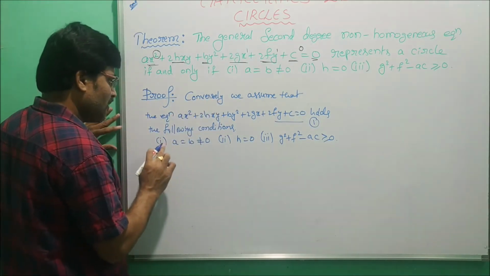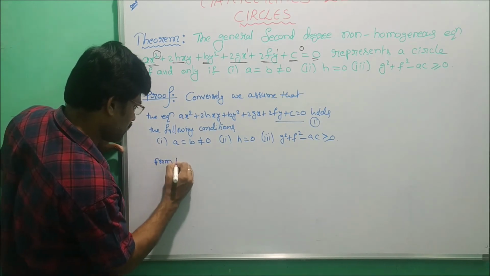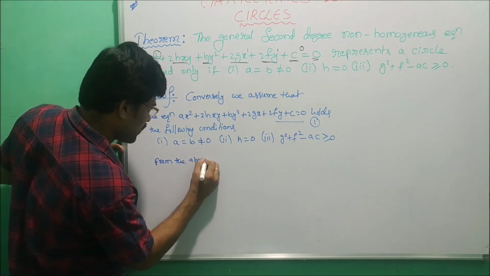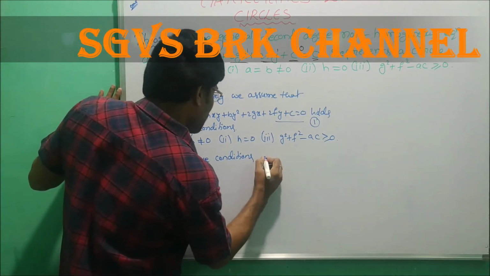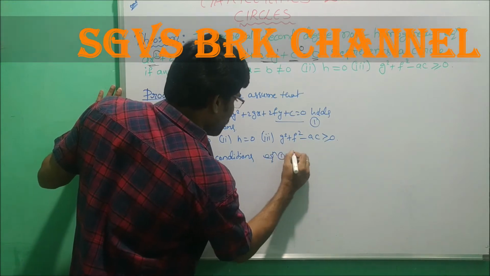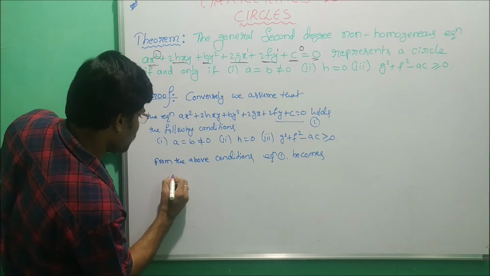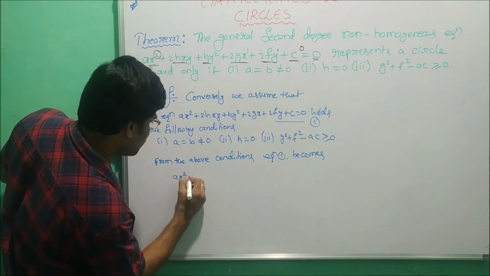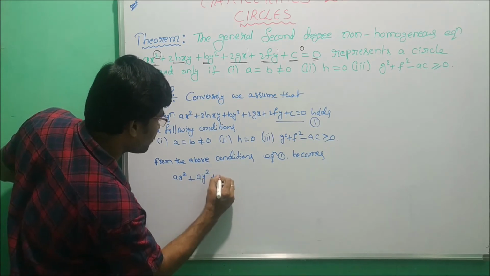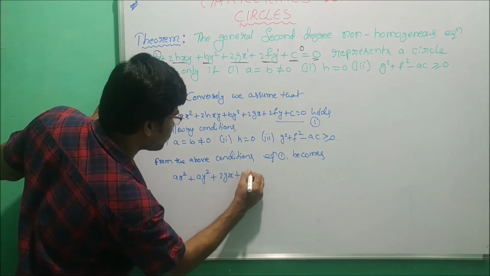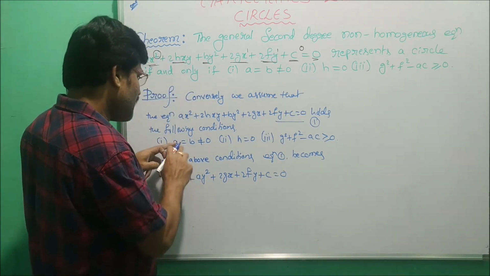So now from the above conditions, equation 1 becomes ax square plus ay square plus 2gx plus 2fy plus c equals 0. Here we observe a equals b.